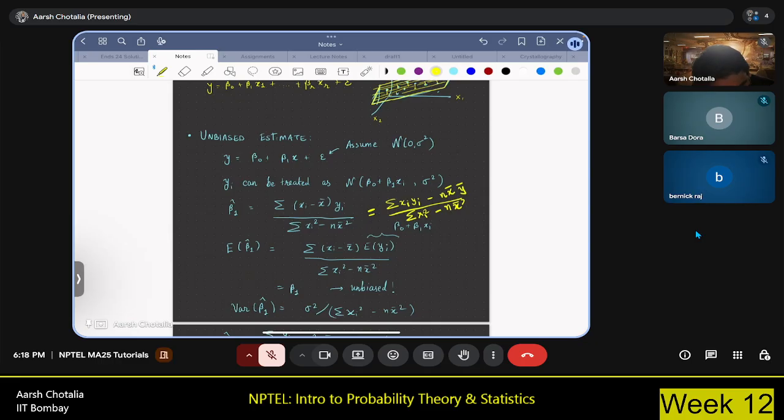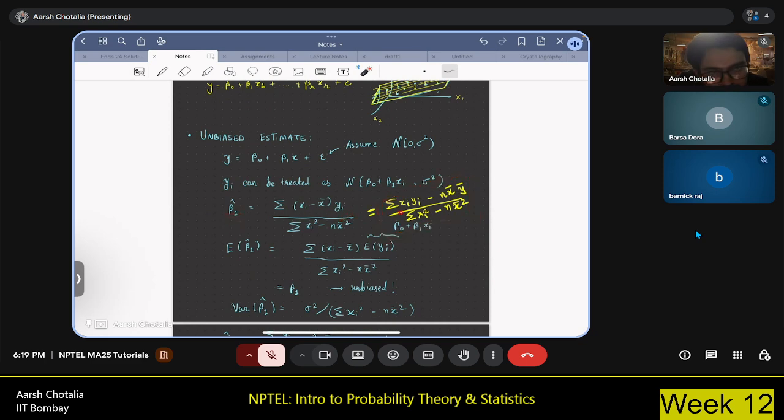As you can see, this is summation xi square. Here it is xi yi, so if I replace yi by xi, I get this term. Similarly, here if I replace y bar by x bar, I get n x bar square. And this ratio is your beta 1 cap.